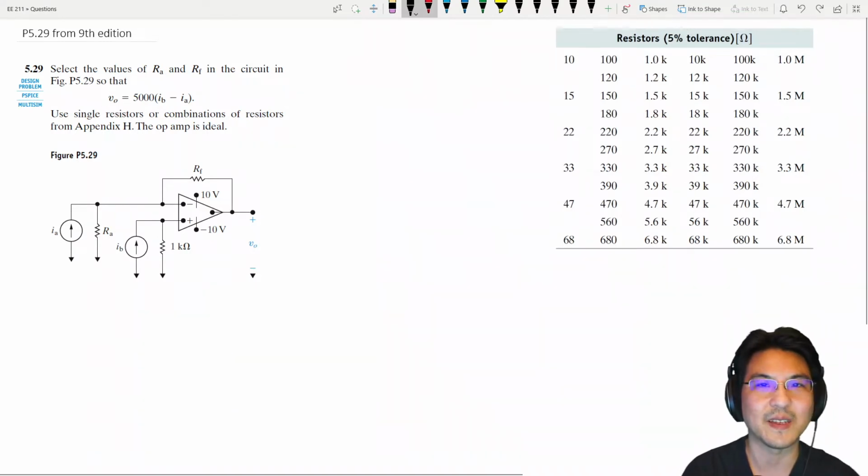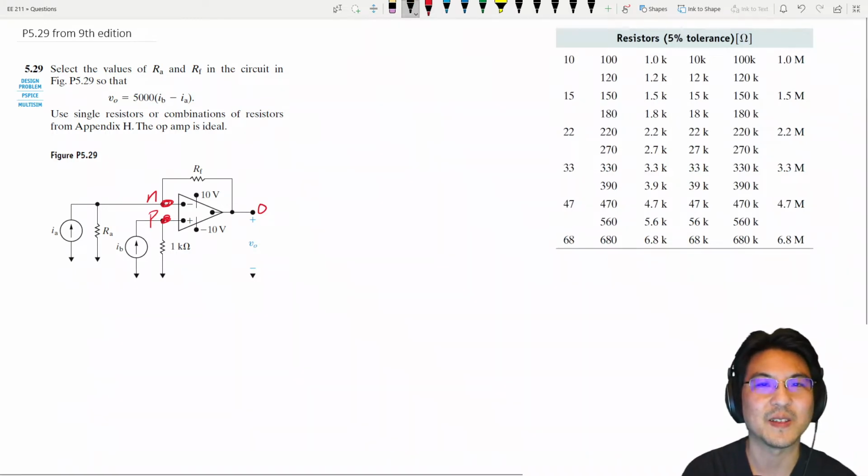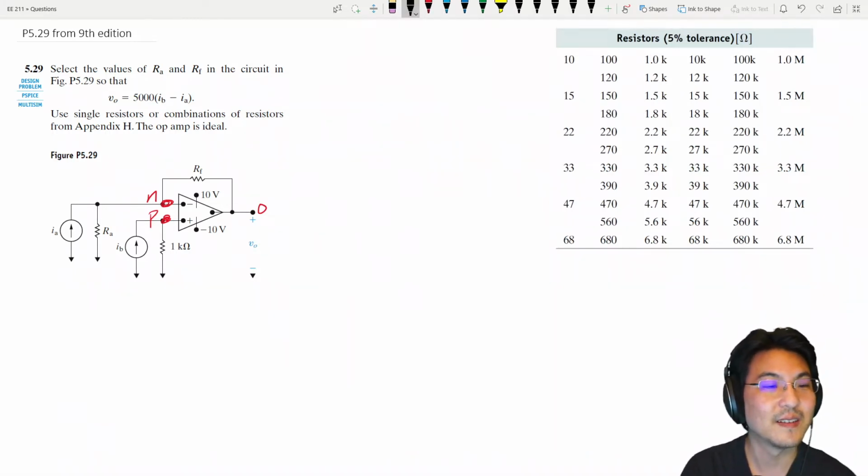Okay, so let's say I label this as node N over here, node P over here, and this is my output, right? So let's write KCL at node N. If current is positive going out, this is going in, right? So that's negative IA.